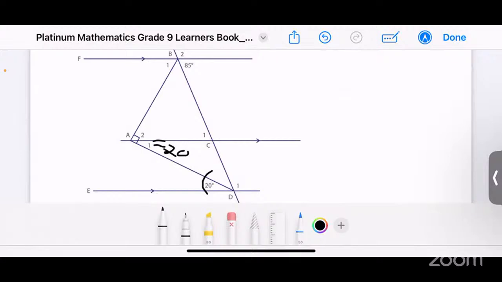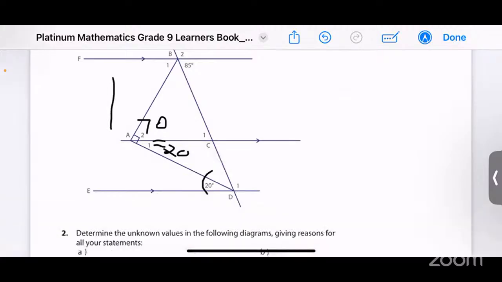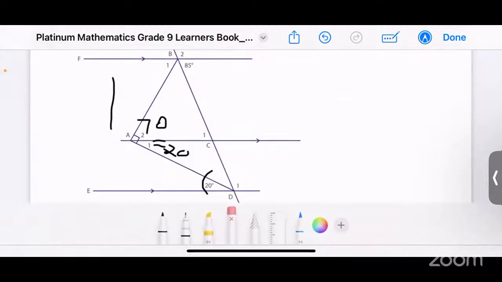Since it was a 90 degree, if there we have 20, we are now saying 90 minus 20. Here we got 70. We are now done with the first angle, and then we move to another one. Now we've got 20, 70.